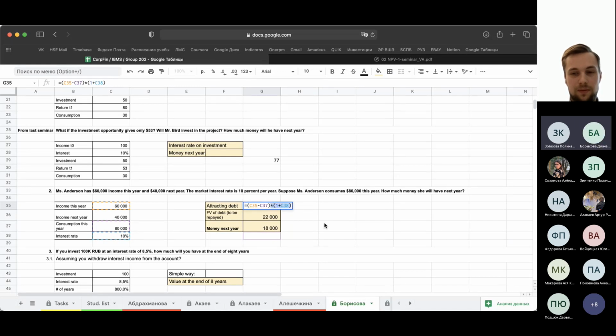But in the future value we should add the percent. Yeah. Okay, I understand it. Well, and actually in the next year we are going to repay the debt with the percent. So this is 22, and Mrs. Anderson will have only $18,000.